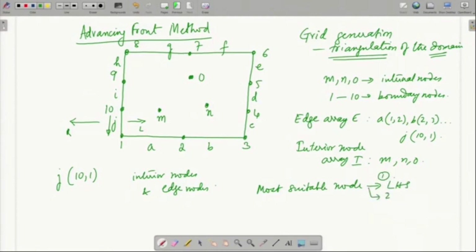It has to be an internal node, that is the second criterion. We will drop all boundary nodes, because we are not trying to connect with the boundary nodes immediately, but boundary nodes can also be a part of this, not that you eliminate them altogether. More emphasis is given to another factor, which is how close is that node with which you are trying to connect. So, if that node is k, which is the nearest node, then that kth node should satisfy this condition.